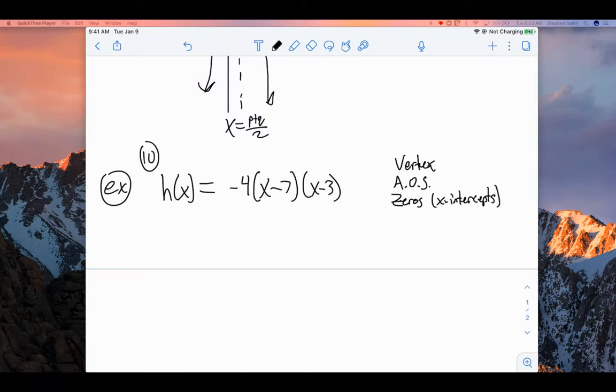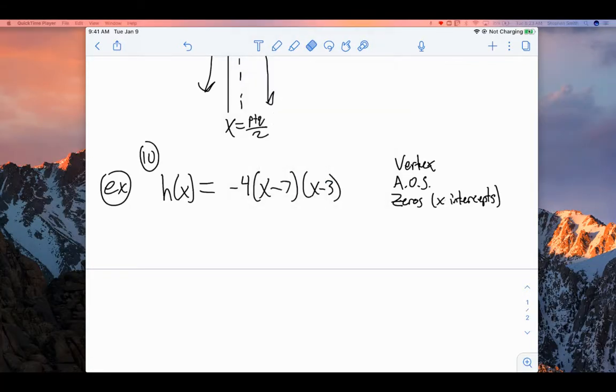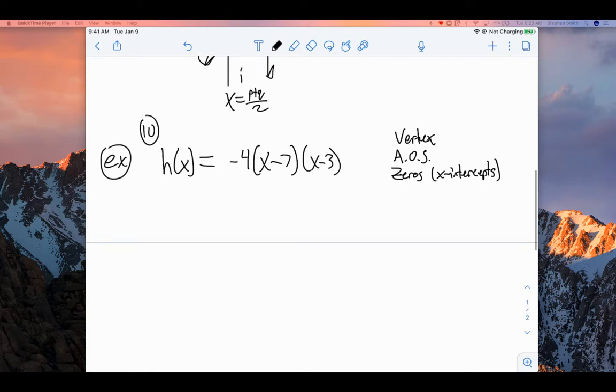Remember, zeros are just the x-coordinate, and the x-intercept is the x and y coordinate. So let's find these three things, and then that'll be it. That's what we want to be able to do today.